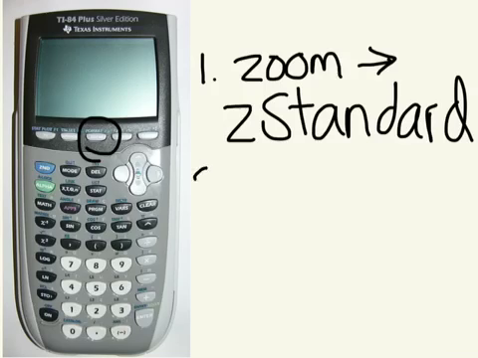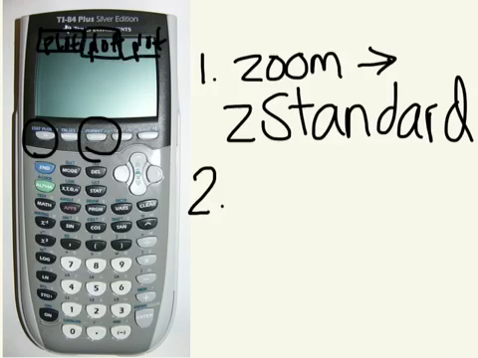Now if that doesn't work, the second thing we can do, if it says there's an error, then when you're in your y equals, make sure that the 3 plots that it says on the top, plot 1, plot 2, and plot 3, make sure that those are not highlighted. If one of them is highlighted, you need to go up, use your up arrow, go up and re-click that plot and make sure that it is not highlighted.